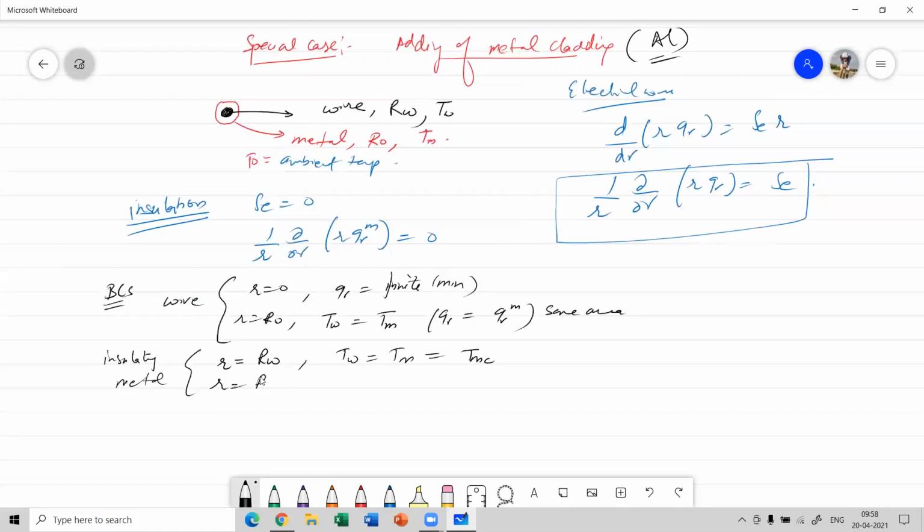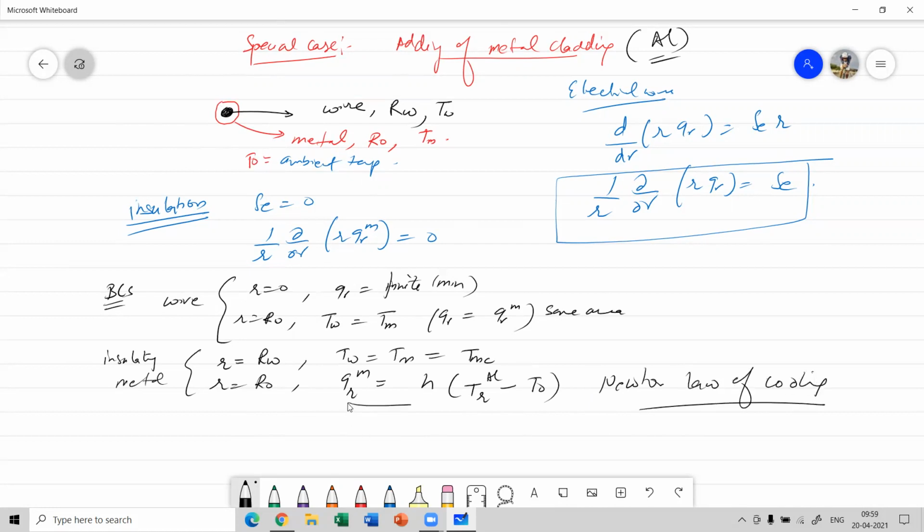And at R equal to R0, that is at the outer surface, it is qr M is equal to h, that is T R of the metal minus T0. So this Newton's law of cooling is occurring at the surface of the metal, which is in contact with the ambient temperature. That is represented by qr metal, which is equal to the heat transfer coefficient into T aluminium, that is the temperature of the aluminium or the metal at R equal to R0.